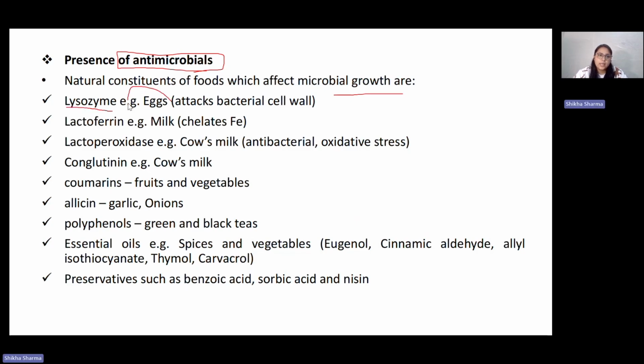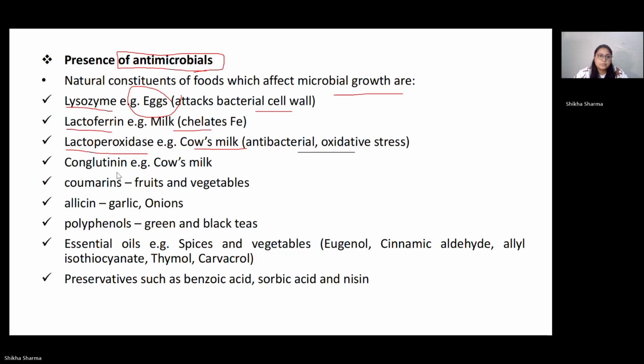It is present in the egg, and it attacks the bacterial cell wall. Then lactoferrin in milk chelates iron. Then lactoperoxidase is present in cow milk. It is antibacterial and gives oxidative stress to the microorganism.